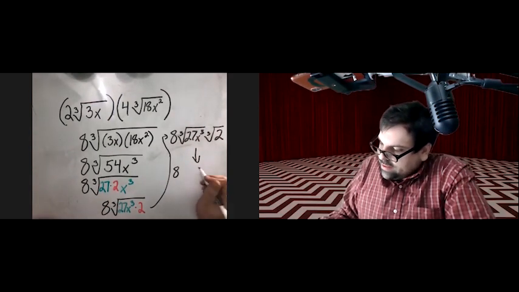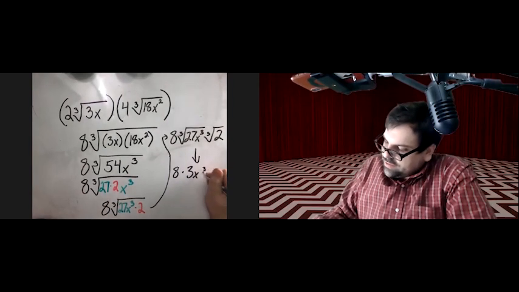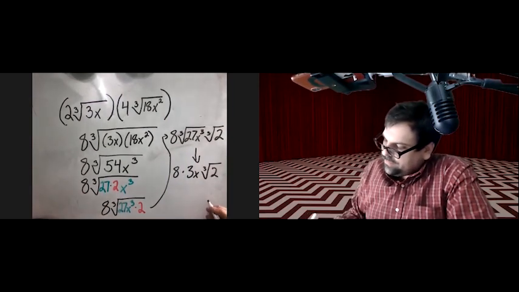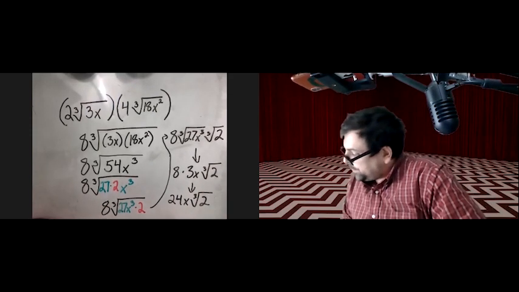That's 8 times 3x times the cube root of 2, which is 24x times the cube root of 2.